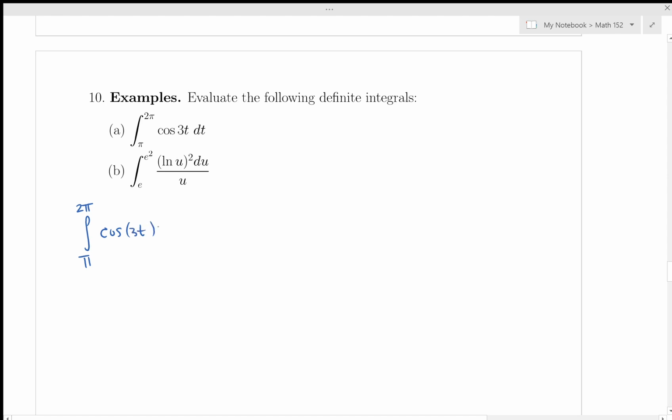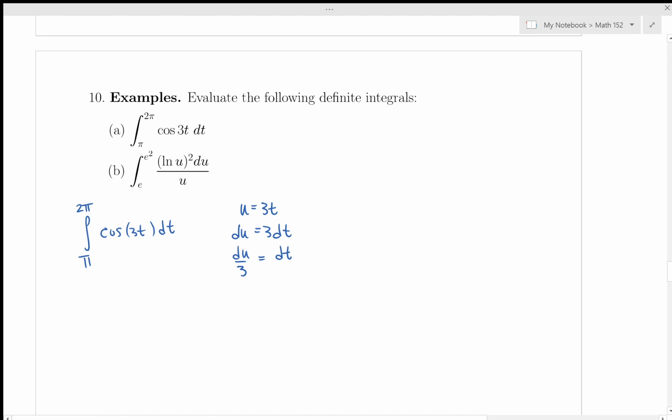So let us do a full substitution here and do it for the definite integral. What we're going to do is say u equals 3t. That will be our substitution. du is going to be 3 dt, such that du over 3 is equal to dt.